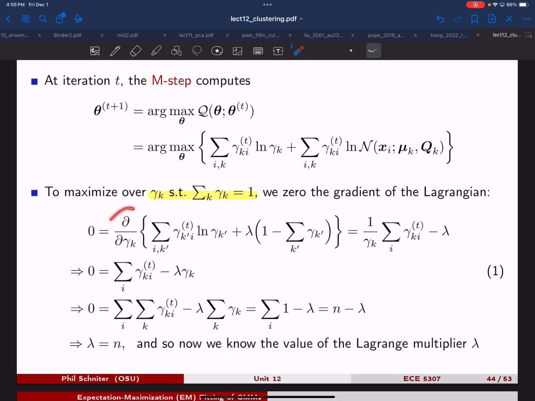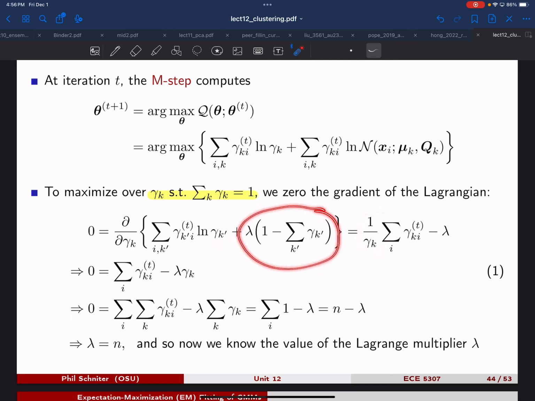If I want to take the derivative of this, okay, so notice, first of all, there's many k primes. There's a single k here. So out of all the k primes, there's only one that matters. It's k. So that means that the sum over k prime vanishes, but the sum over i is still there. When we take the derivative of this, it just turns into 1 over gamma k, and then what remains is this sum.